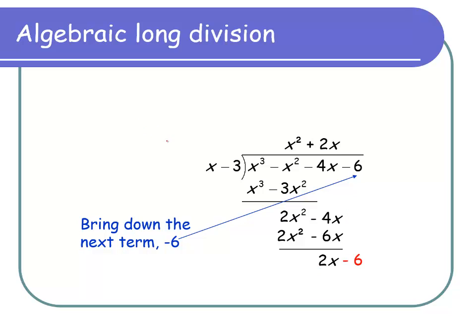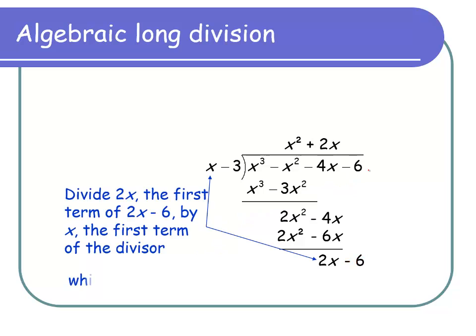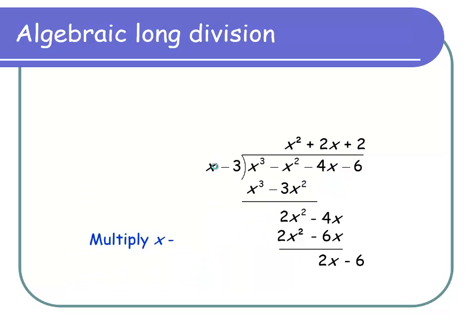Now with this I only need to multiply x by 2 to give 2x. So I put 2 up the top, and I then multiply the linear factor by 2 to give me what I need to subtract from my 2x minus 6.